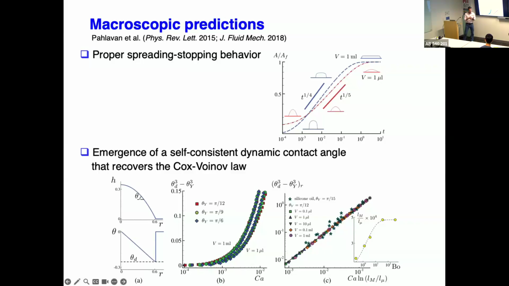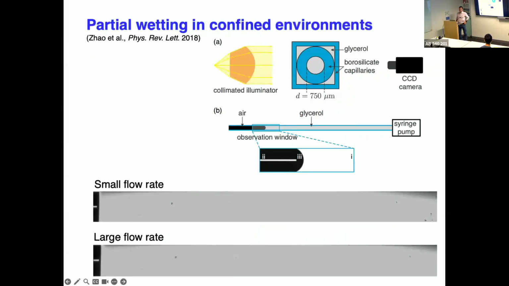So the model, the balance between viscous and interfacial forces, it predicts that the advancing contact angle is going to be dependent on the velocity of spreading, and therefore it will decrease with time. And so the puddle spreads more quickly initially and then more slowly later on, and that advancing contact angle changes dynamically as a result. Okay, so that's sort of the simplest example, a puddle spreading on a flat, smooth surface.